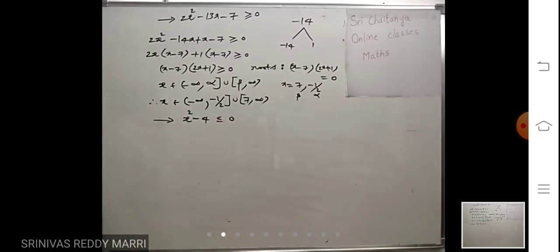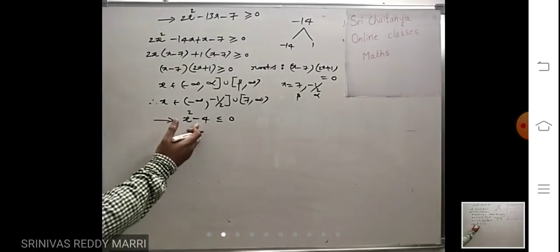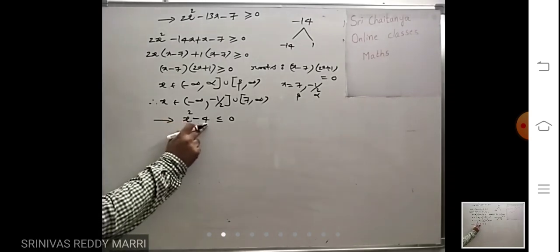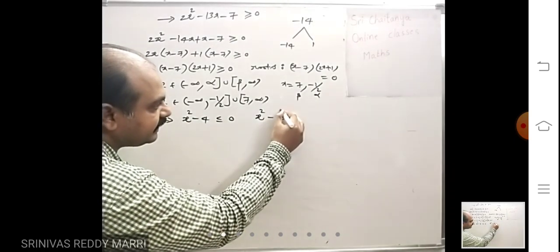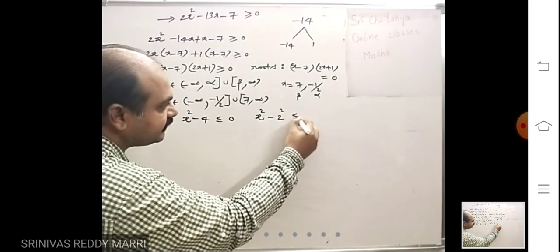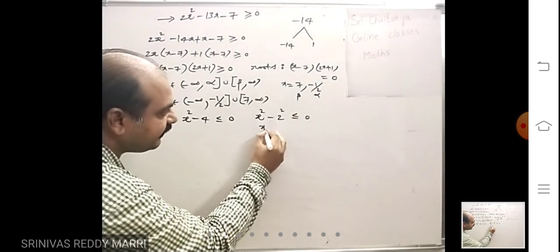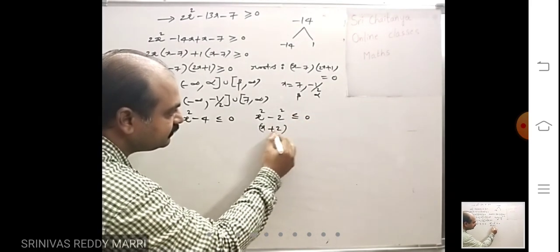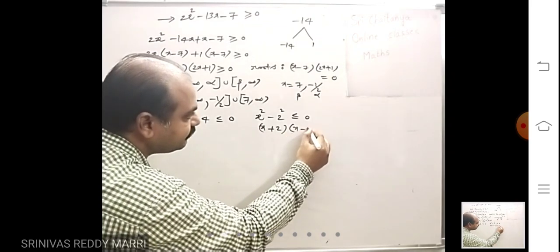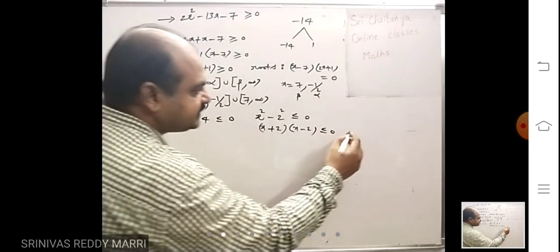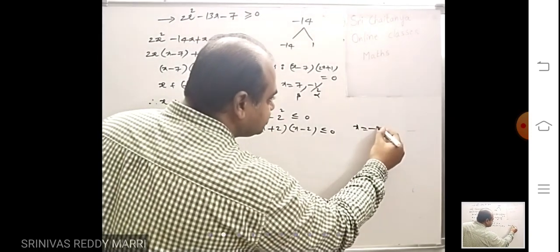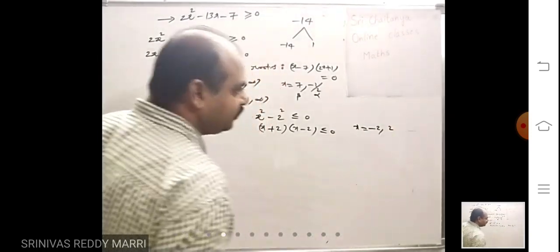X square minus 4 less than or equal to 0. So the x term is not there. You can easily factorize this one. Just write like a square minus b square. You can easily factorize x plus 2 into x minus 2. What are the roots? If this is 0, what you will get? Minus 2 comma 2. These are the roots.